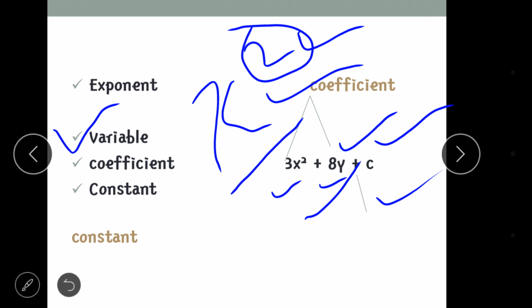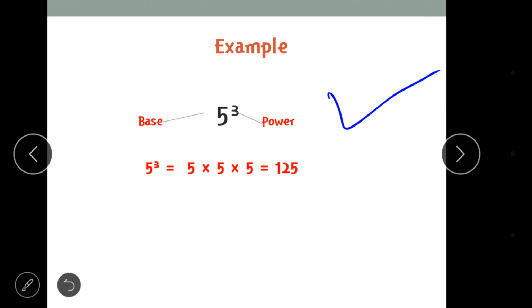Constant is represented by capital C. This is the example of exponent. 3 is also called power or exponent, and 5 is base.